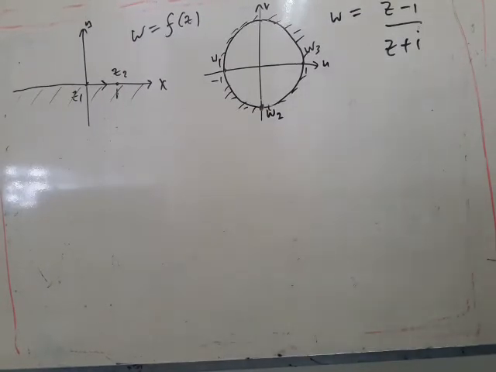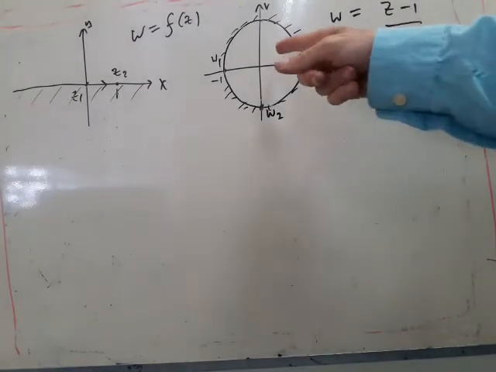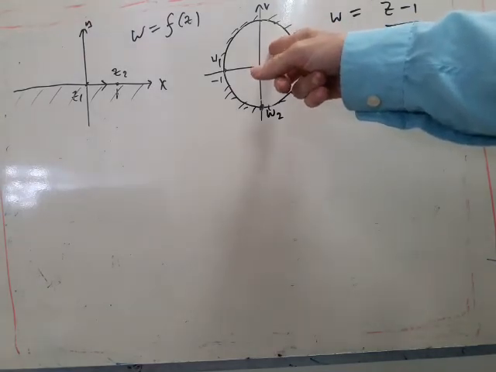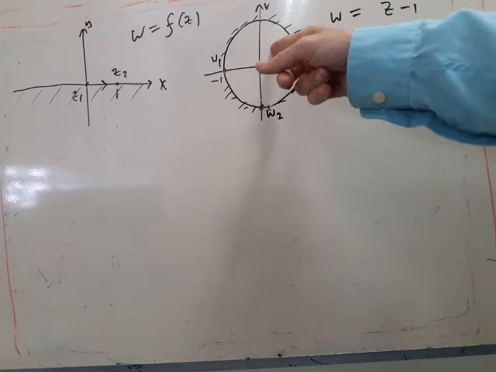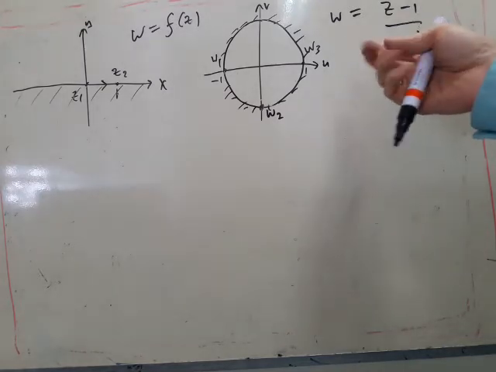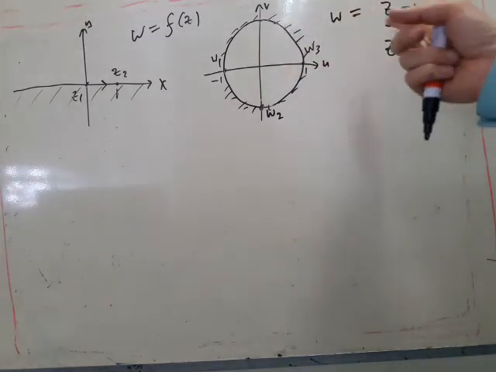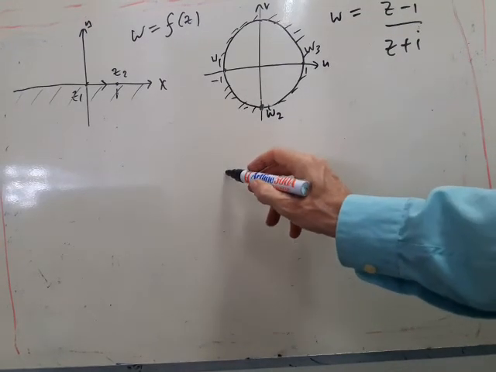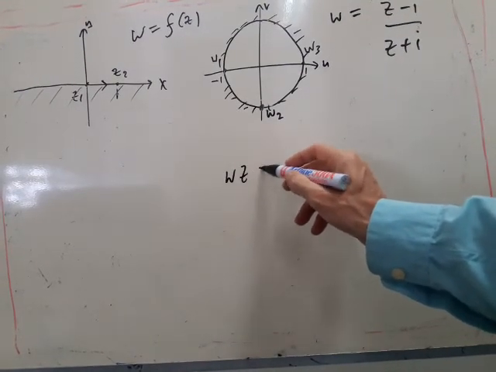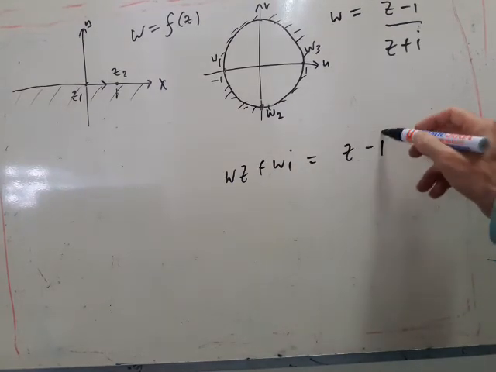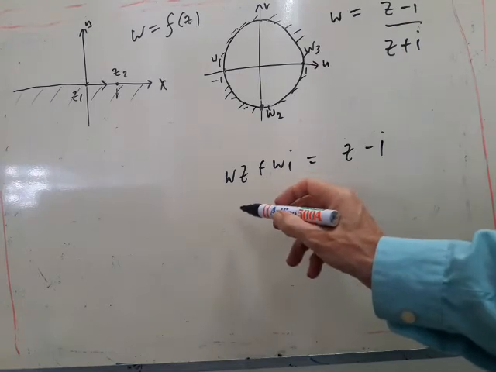Now, suppose instead you want to map the inside of the unit circle, or the unit disk, onto the upper half plane. Then all we need to do is rearrange this to get z as a function of w. That gives us wz plus wi equals z minus i, and then make z the subject.